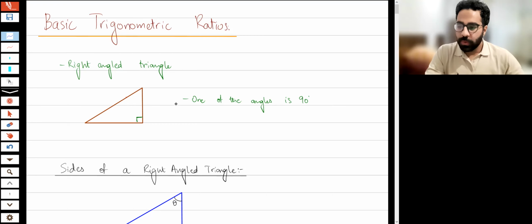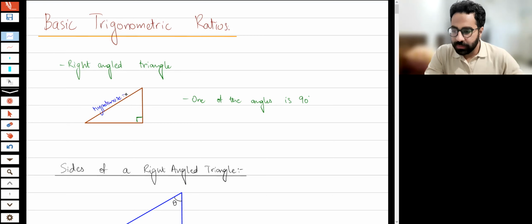Okay? Now, what is a right angle triangle? A right angle triangle is such a triangle in which one of the angles is 90. Okay? And the 90-degree angle is represented by this symbol. The side which is opposite to the 90-degree angle is the hypotenuse, and we represent this side by the letter H, the capital H or the small h.